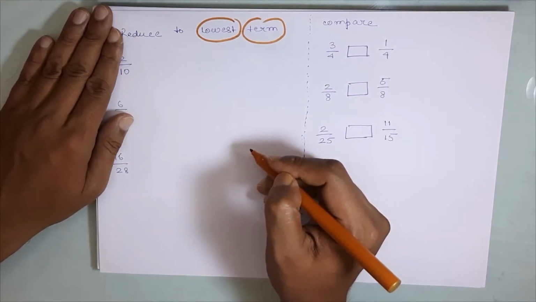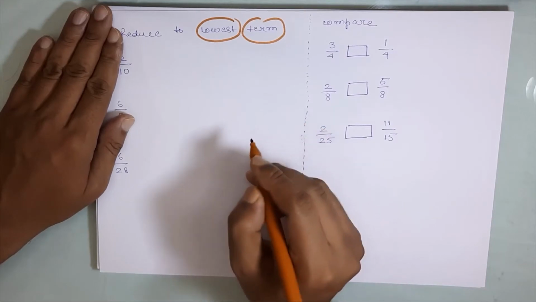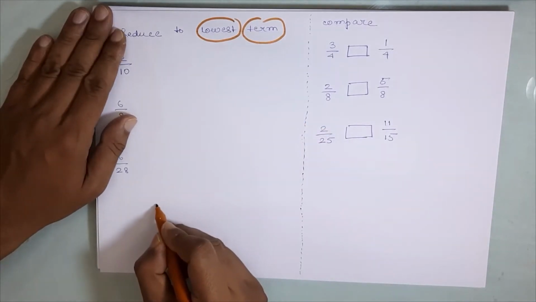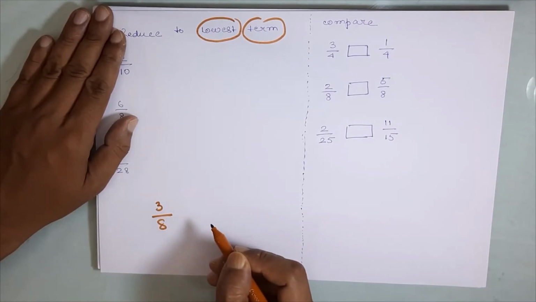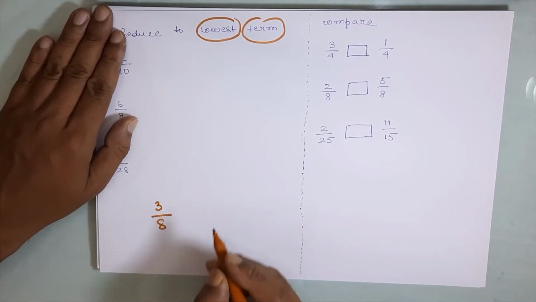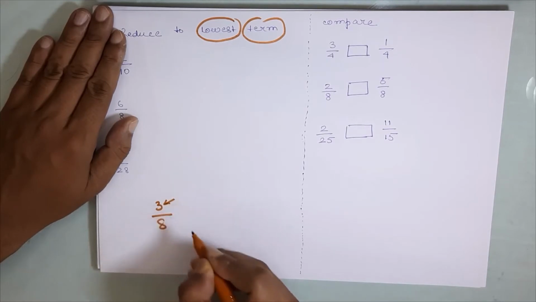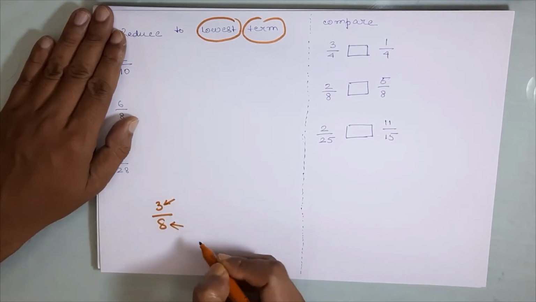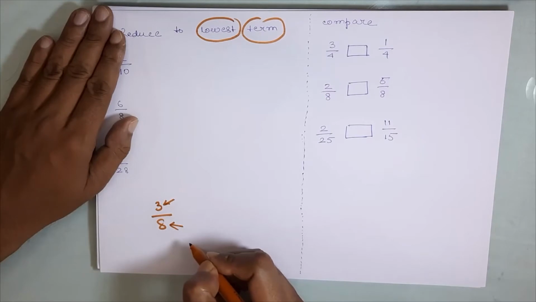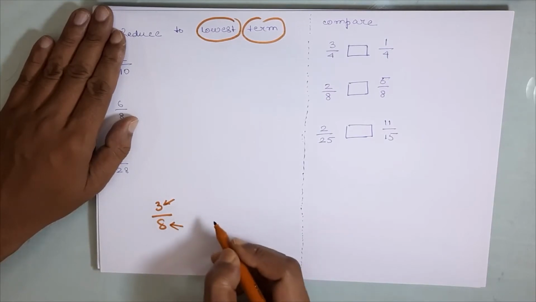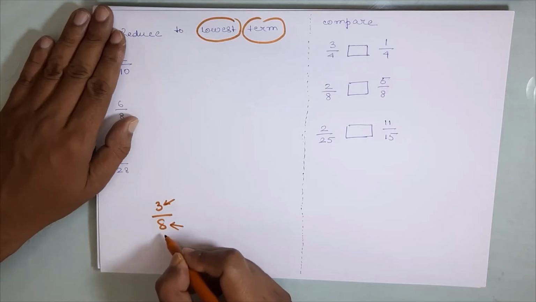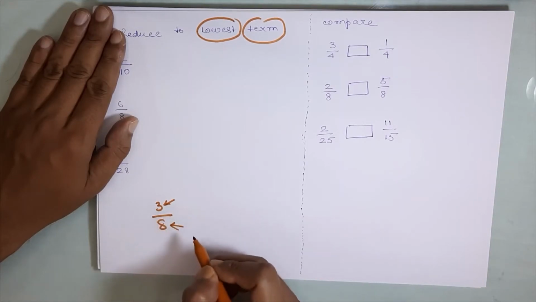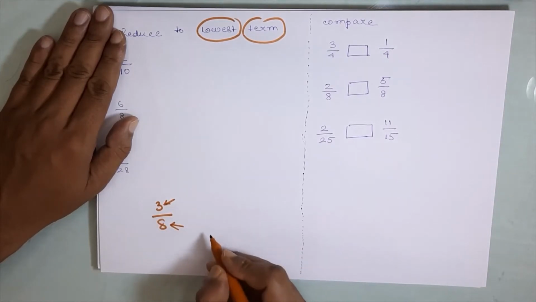Now consider 3 by 8. It is in its lowest term because neither 3 nor 8 has any common factor except 1, and if we divide 3 by 1 and 8 by 1 we end up with the same numbers, so it is in its lowest term.